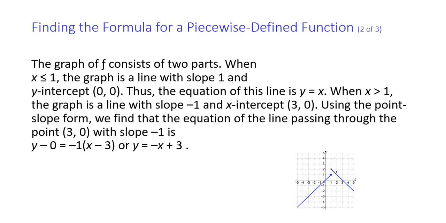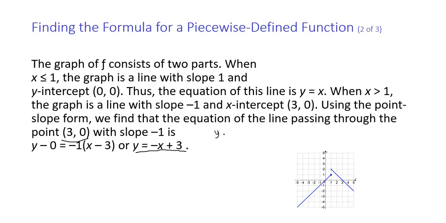And then if we're going down, the only point I have here right now is, well, the one of the points is pretty obvious, is 3 and 0. If I use this point here, 3 and 0, and knowing the slope is minus 1 going down, I can plug it back into point slope formula. Y minus 0 equal to minus 1 times x minus 3, and you can write the equation of the second line. Or you could write it in a slope intercept form too. Either way it would work.